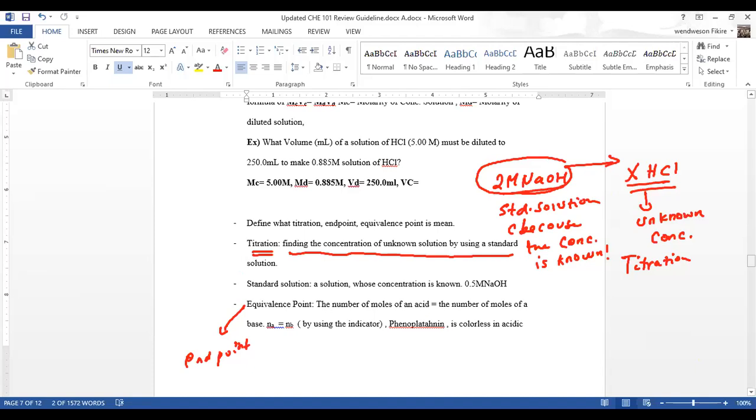Equivalence point means that theoretically, the number of moles of an acid equals the number of moles of a base. I use Na to refer to moles of an acid, and Nb to refer to moles of a base. That's called equivalence point.